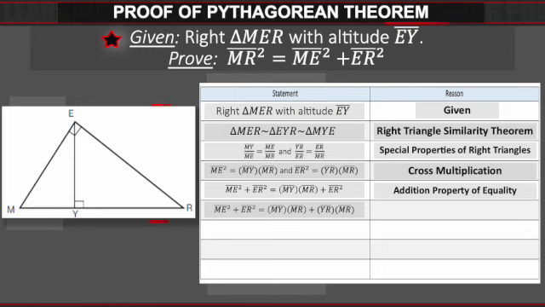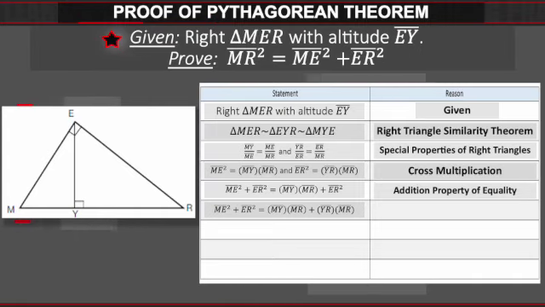Okay, next, this one is the substitution process. According to our fourth statement, ER squared equals YR times MR, so we can substitute it into the next statement. That would be ME squared plus ER squared equals MY times MR plus YR times MR. Okay, that is by means of substitution.